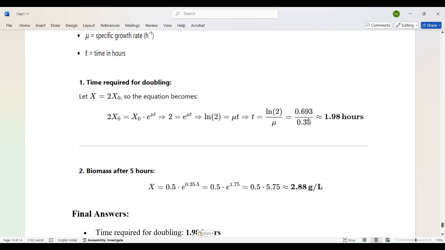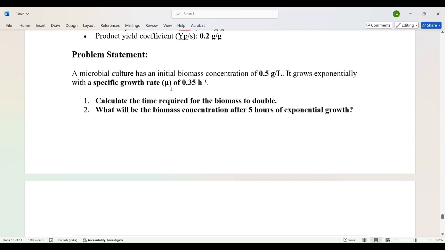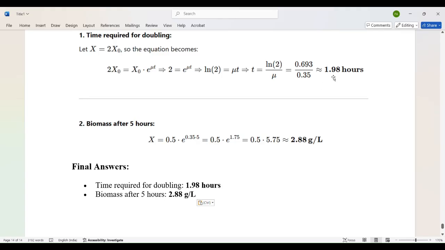So this is a simple division calculation. 0.693 divided by 0.35 is around 1.98 hours. So for this biomass to double, the time required will be around 2 hours. All right, 2 hours it will take.